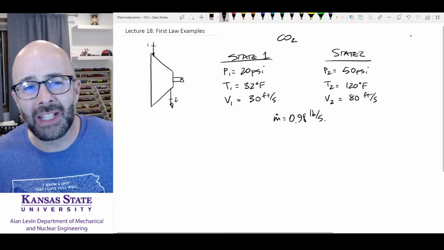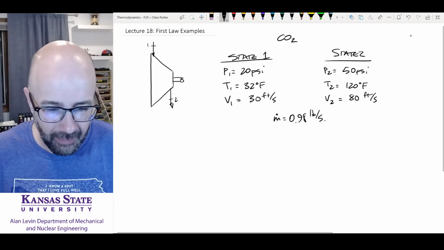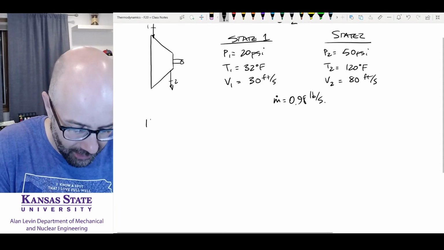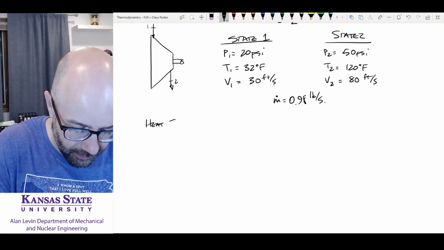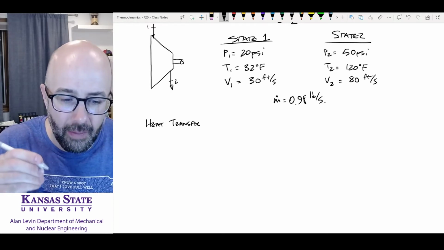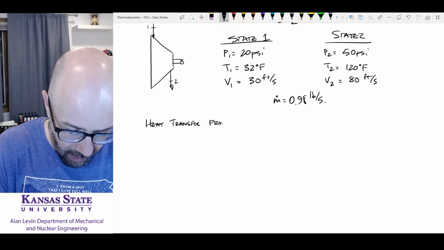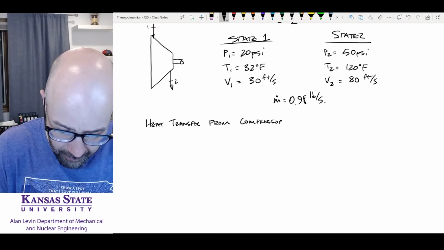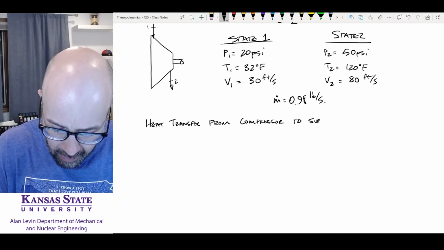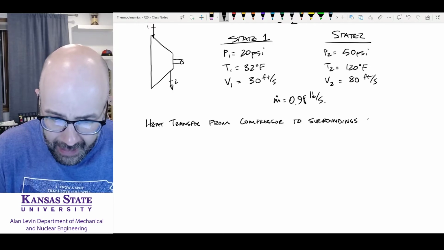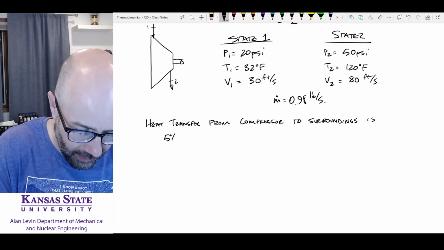And then they also tell us this statement, and they say the heat transfer from the compressor to the surroundings is 5% of the work input.